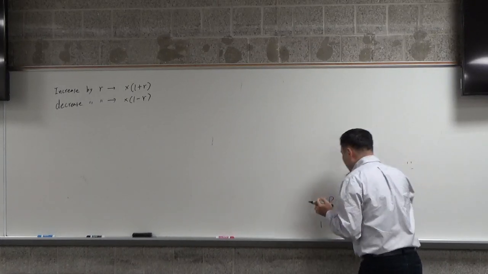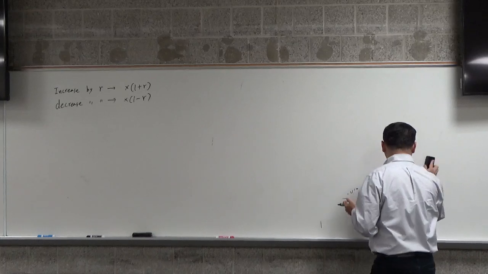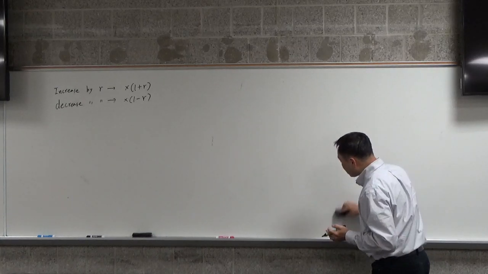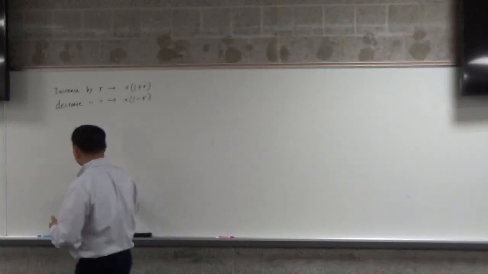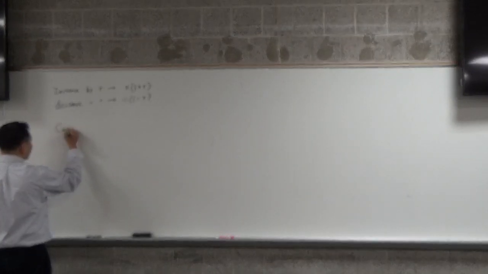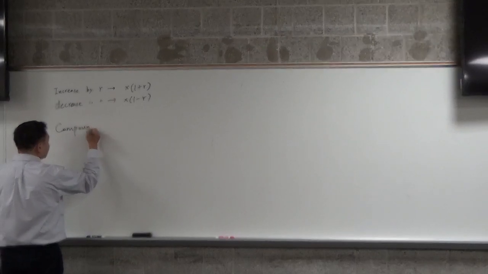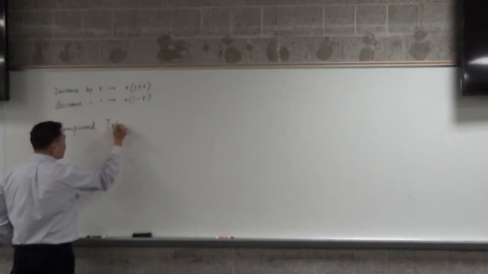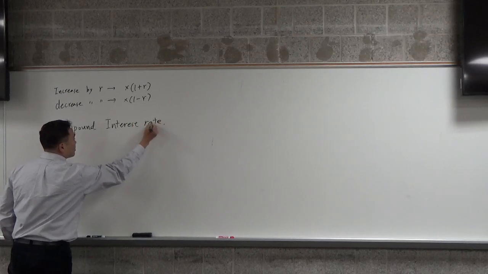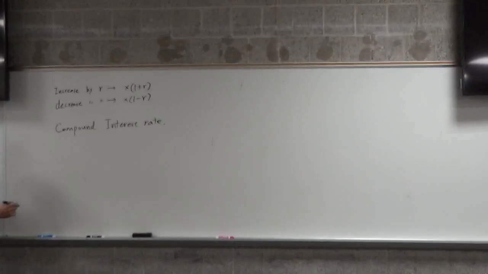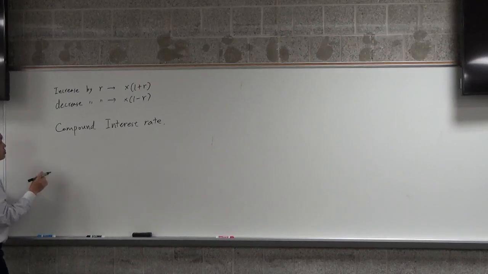Okay, then this was just a preamble for the actual lesson for today, which is interest rates. So compound interest rate is the topic for today. And let me start off with a very simple question.